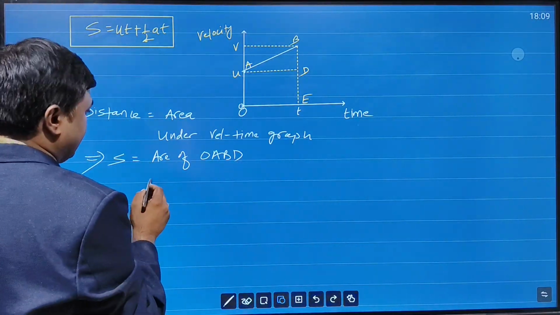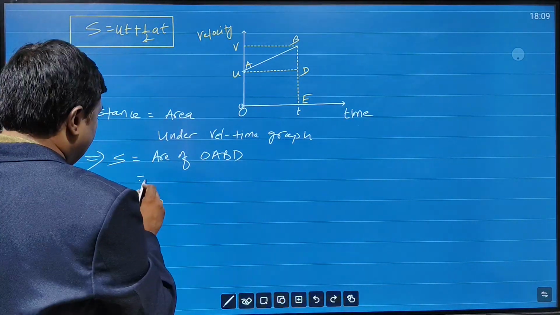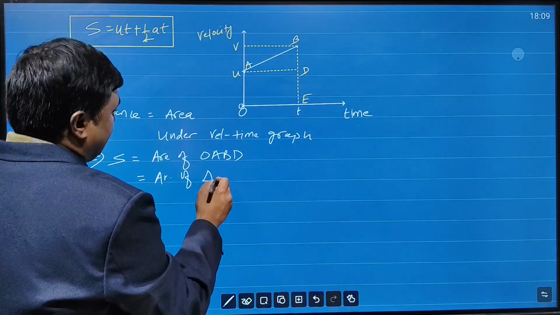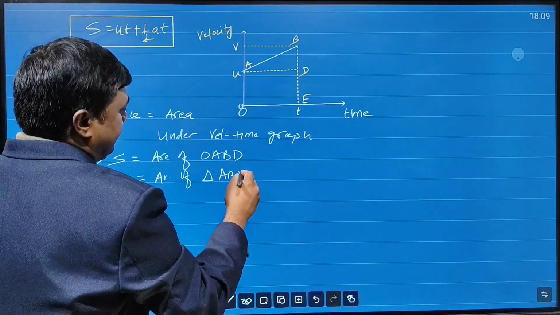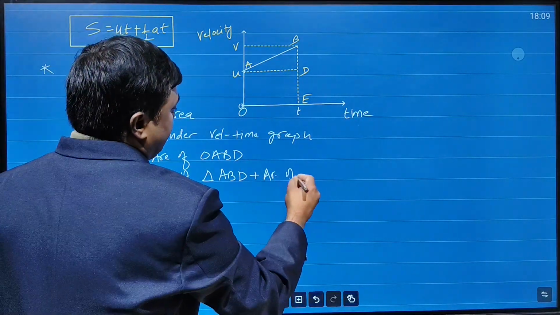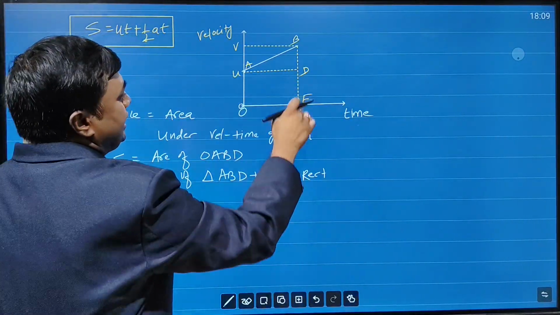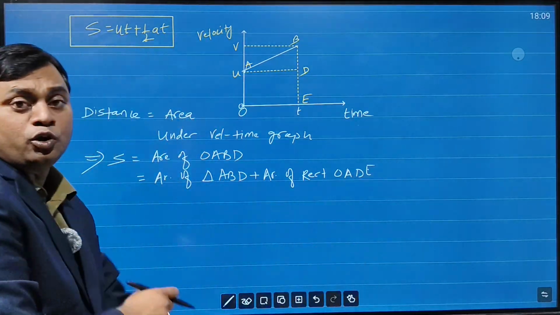So this area is equal to the area of triangle ABD plus the area of rectangle OADE.